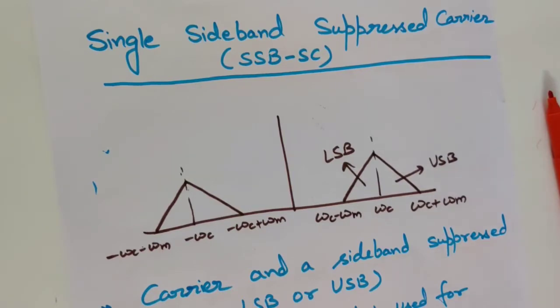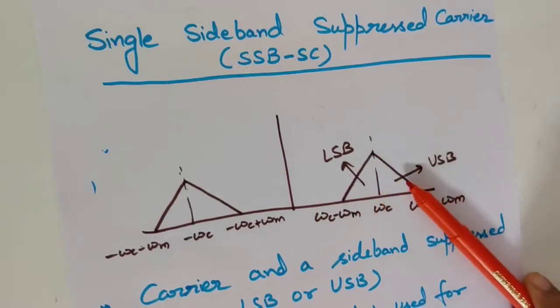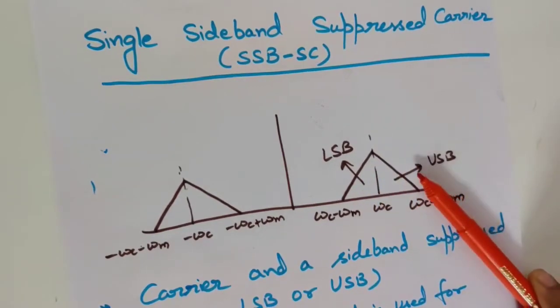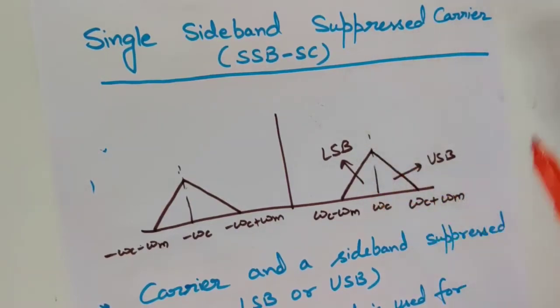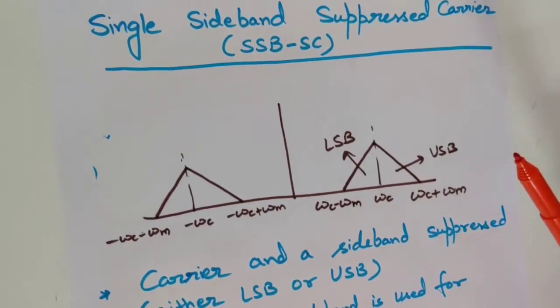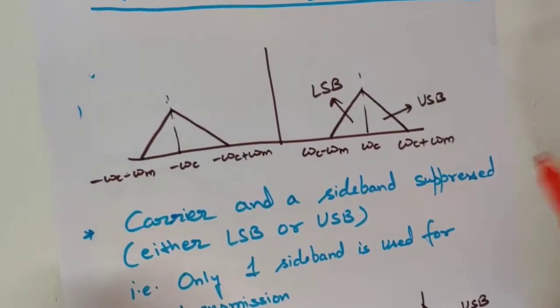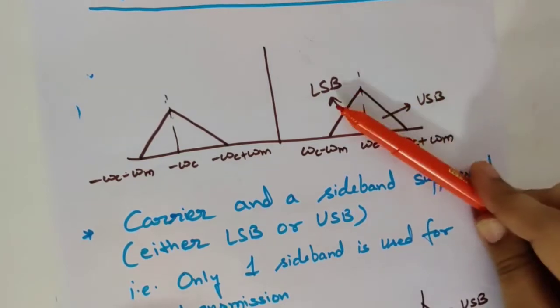So we are sending both the sidebands, the lower sideband as well as the upper sideband, in the double sideband suppressed carrier as well as the AM system. Both the sidebands carry the same information. So it is possible that we suppress the carrier and one sideband, which can be either the upper sideband or the lower sideband.